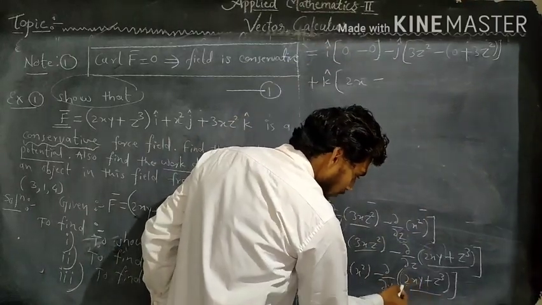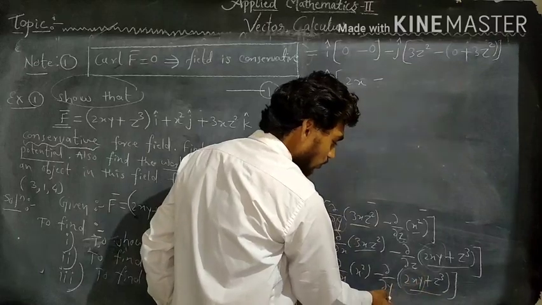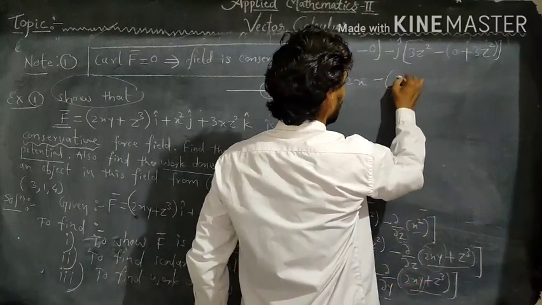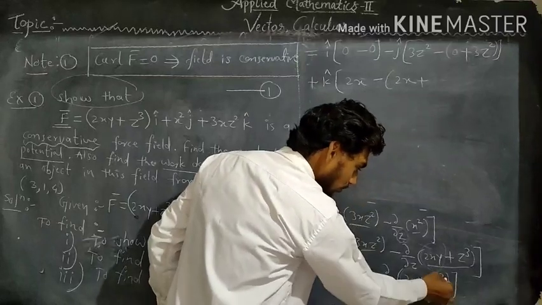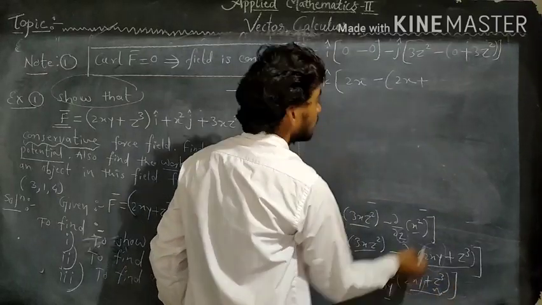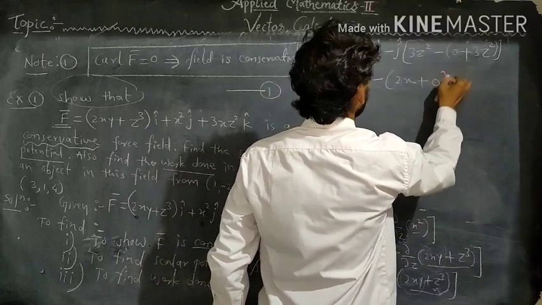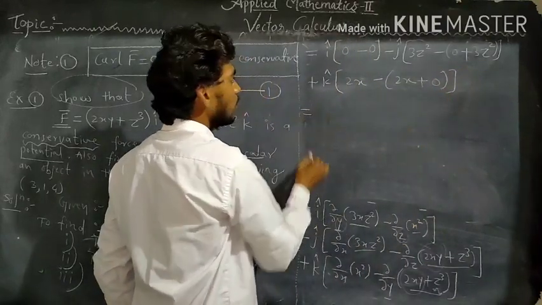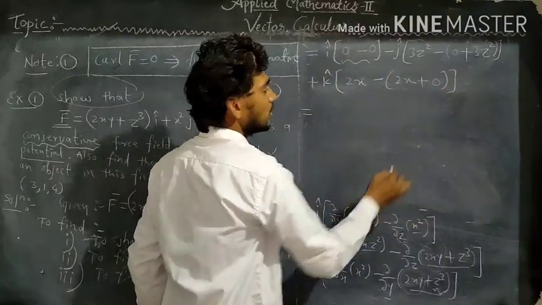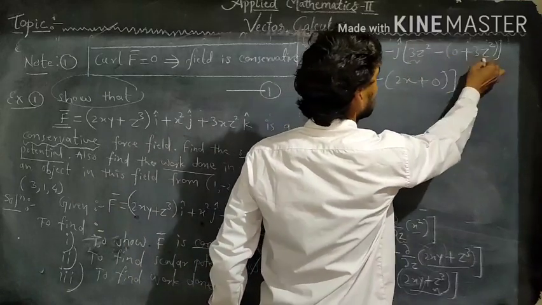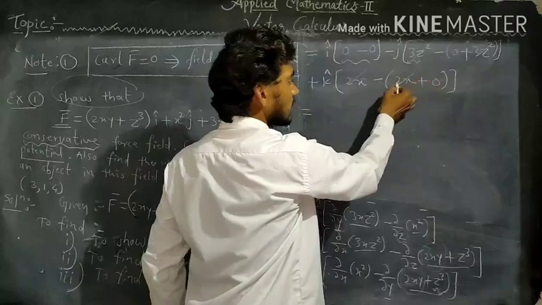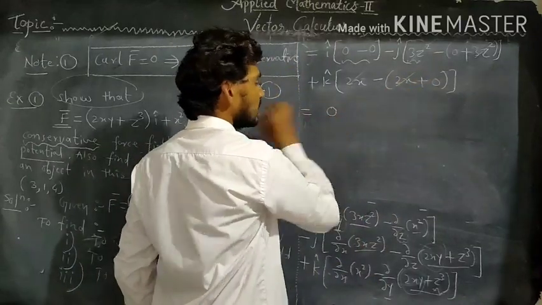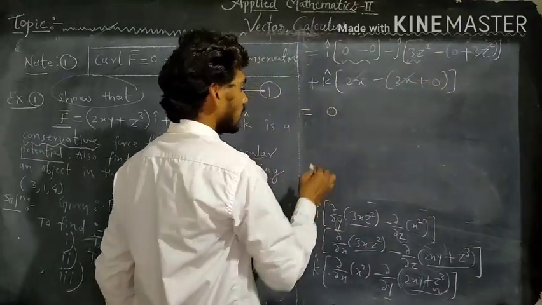The derivative of 2xy with respect to y is 2x, plus the derivative of z cube; z is constant for y, so it is 0. Which is equal to, now it is again 0: 3z square minus 3z square gets cancelled, 2x minus 2x again cancelled, so we get 0, that is the zero vector.